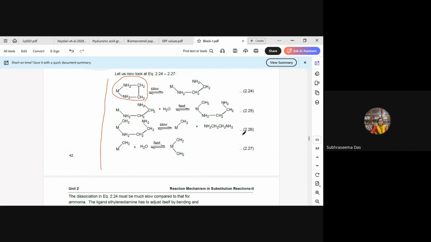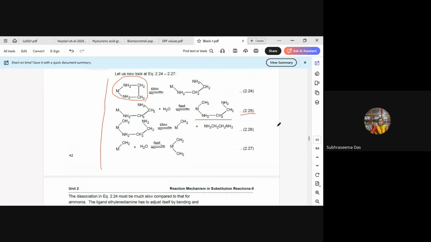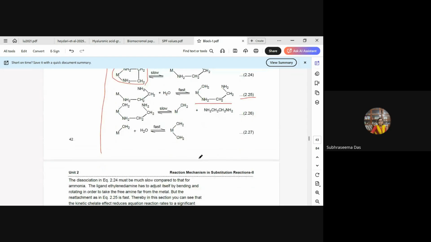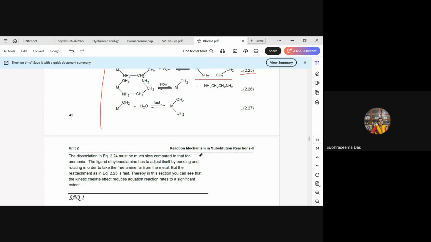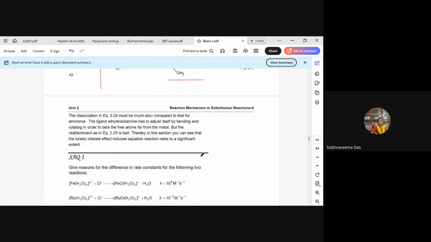But the reattachment in equation 2.25 occurs very fast. Thus we can see that because of this chelating effect of the ethylenediamine ligand, it reduces the reaction rates to a significant extent. So this is the influence of chelates on the reaction mechanism.